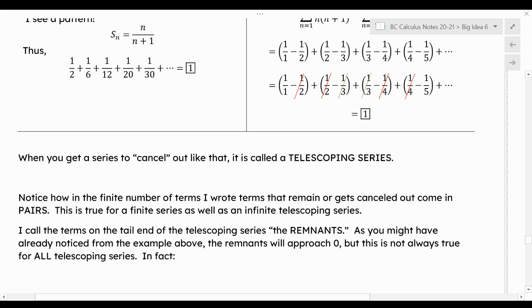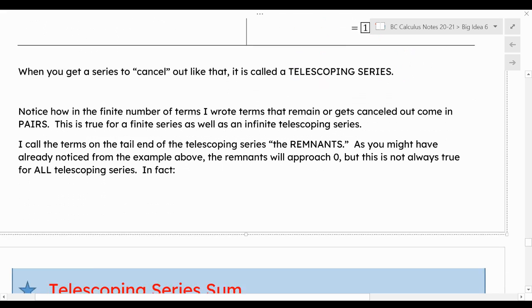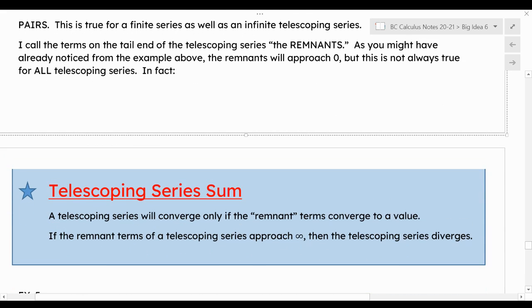But this will actually allow us to find the sum, which is kind of cool. That's what we're talking about in this series of videos. So a telescoping series sum is going to converge only if those remnant terms, those back end terms, converge to a value. Usually that's going to be 0. And if the remnant terms approach infinity, then the telescoping series diverges.